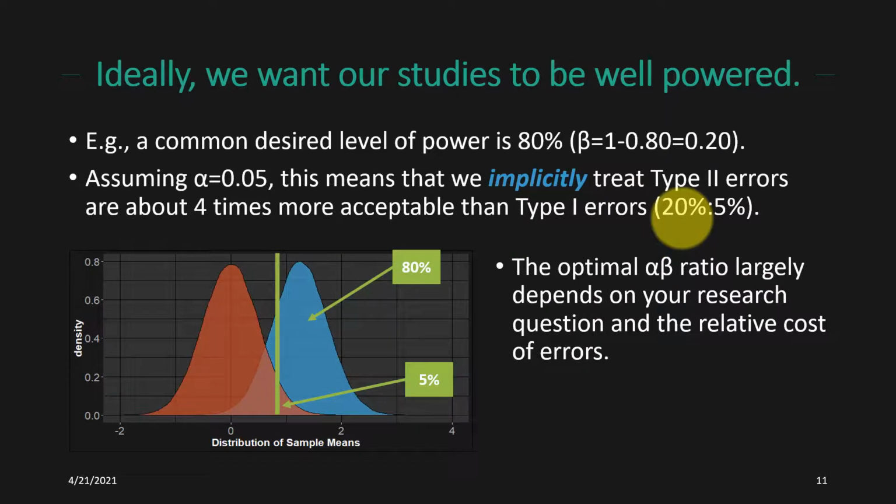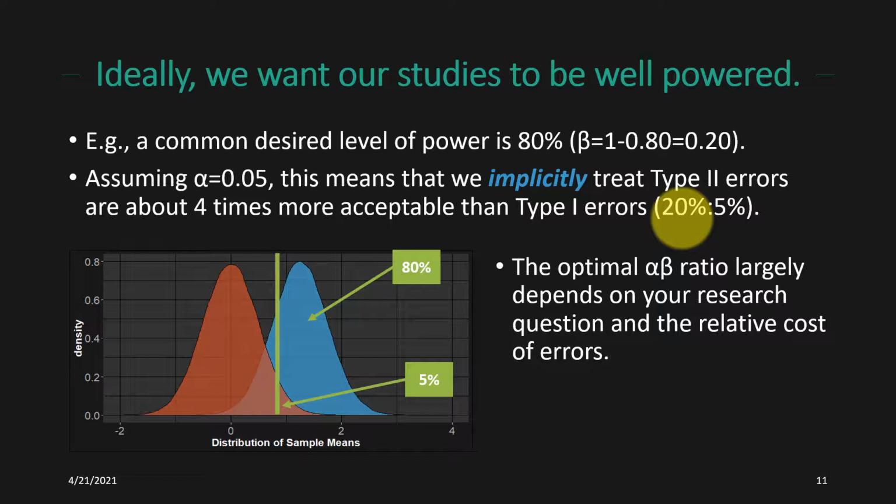However, the optimal alpha to beta ratio is largely going to depend on your research question and the relative cost of these errors. In some situations, a false negative error might be a lot more costly, and then you're going to want to really increase statistical power.